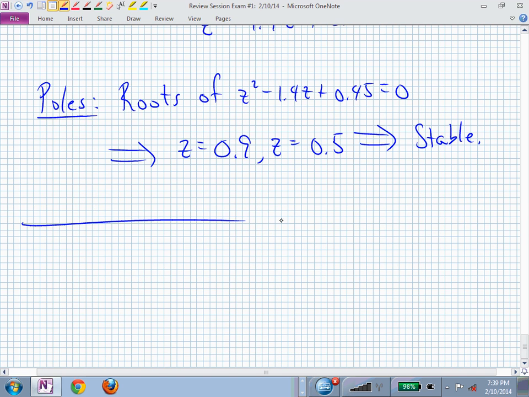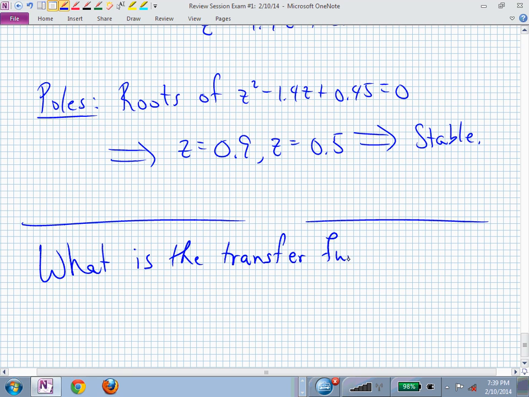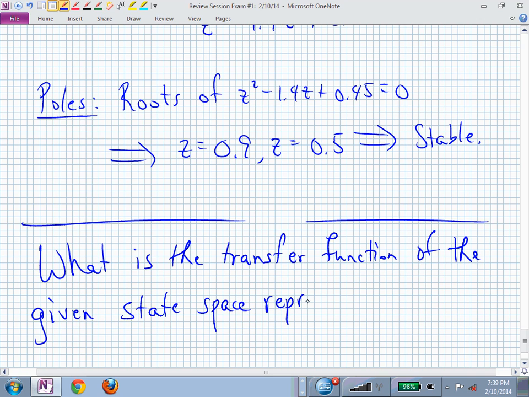Let's address this question. What is the transfer function of the given state space representation?